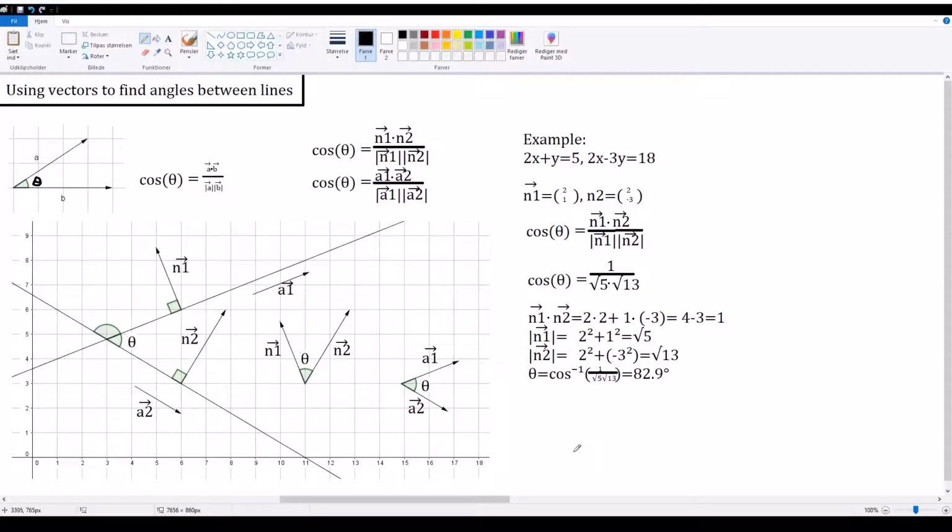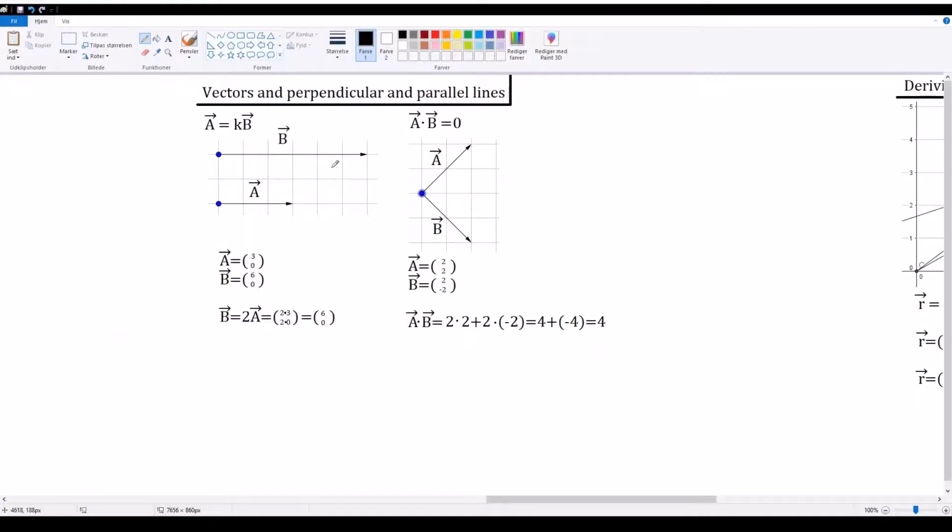If you're looking to find the obtuse angle, you can see that the obtuse plus the acute angle equals 180 degrees, meaning if you subtract the angle you calculated from 180, you find the obtuse angle. For example, the obtuse angle of these two lines would be 97.1 degrees.